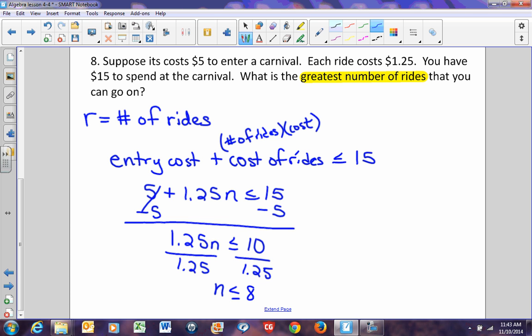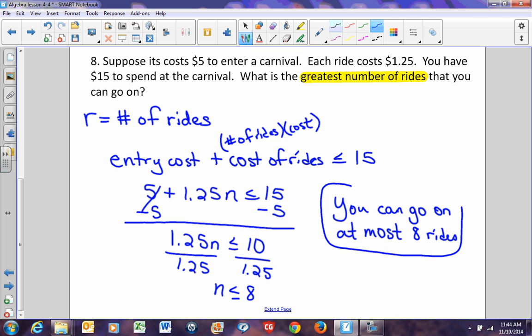You can go on at most 8 rides. And that's basically solving multi-step inequalities.